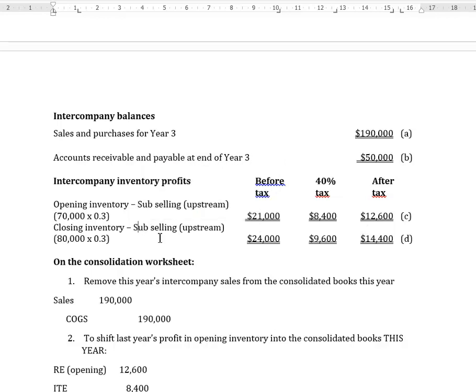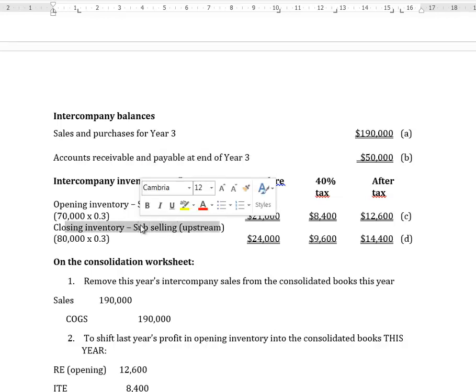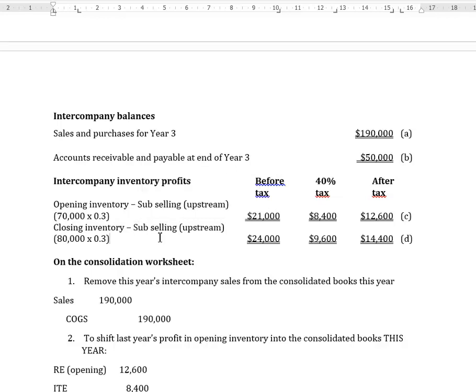So who was selling to who? In our case, we know sub sells to parent. The reason why we do this is because we need to make sure that when we're adjusting the consolidated books, we're adjusting the accounts for consolidated purposes for the original seller, in this case the sub.